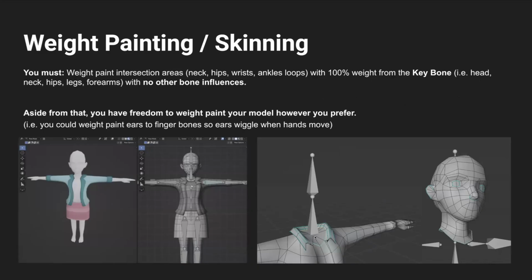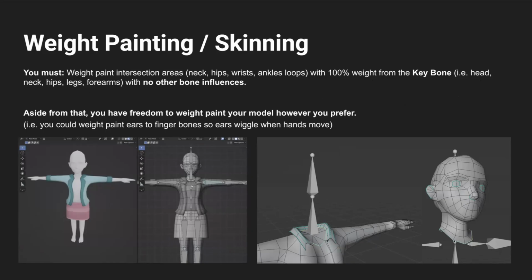Moving on, let's take a closer look at weight painting and skinning, which are the same thing. It's the same thing, just two different words. And in the second image here on the bottom, you'll see we have some little green loops around the base of the neck here, where the collar starts, and again around the base of the head. So this is an example of two different Lego parts and how they would then snap together.